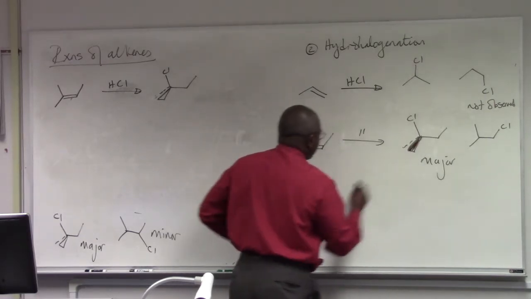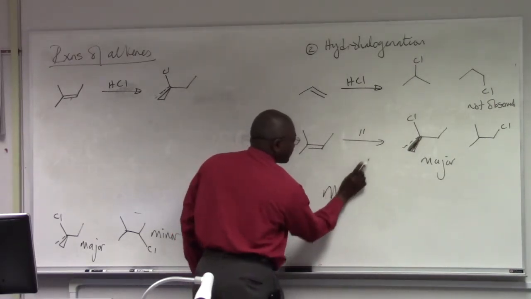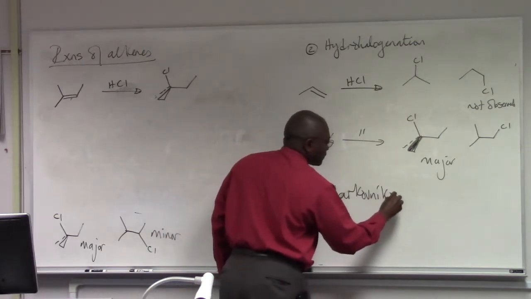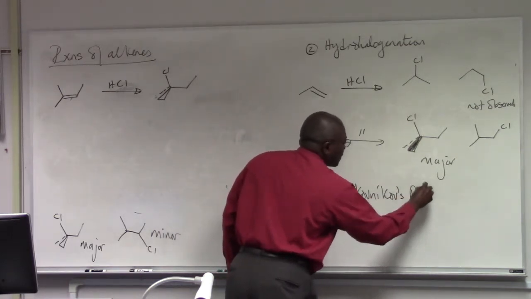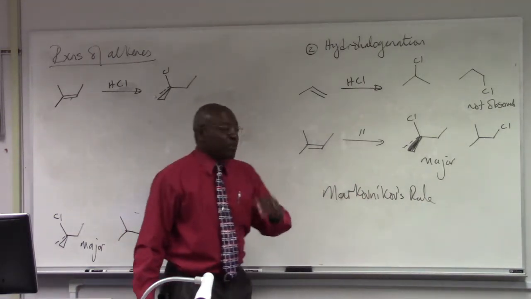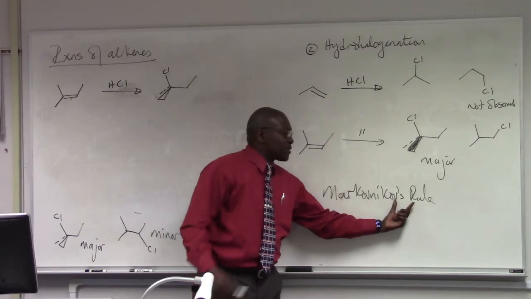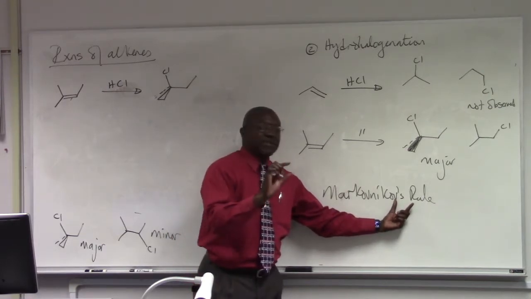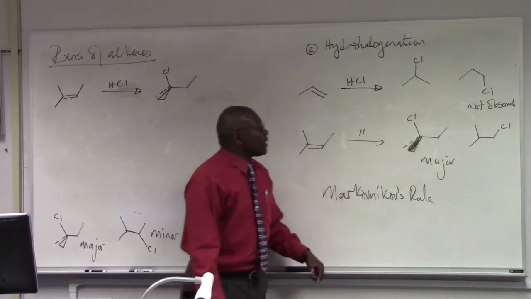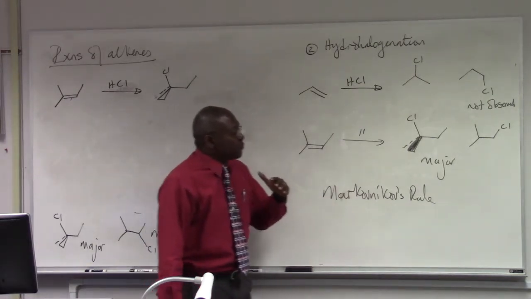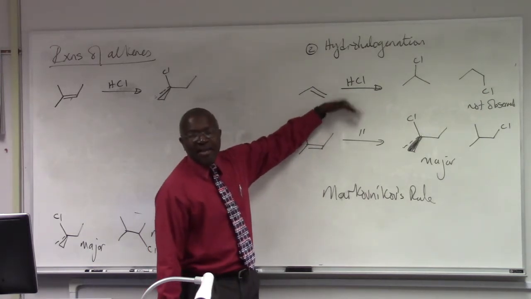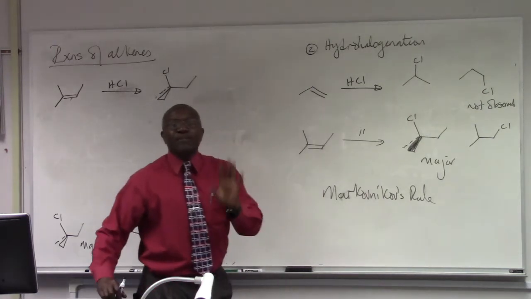There is a rule called Markovnikov's rule. I think Markovnikov was Austrian, and like Zaitsev was Russian. There have been lots of changing of the spelling of the names. So sometimes you see two F's rather than a V. Markovnikov's rule applies to the addition of HX to an unsymmetrical alkene.